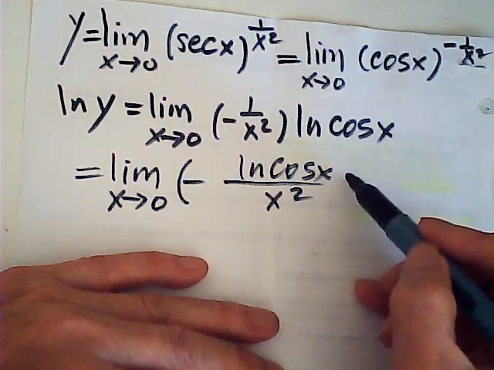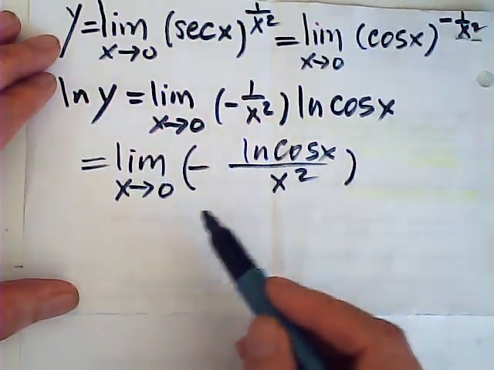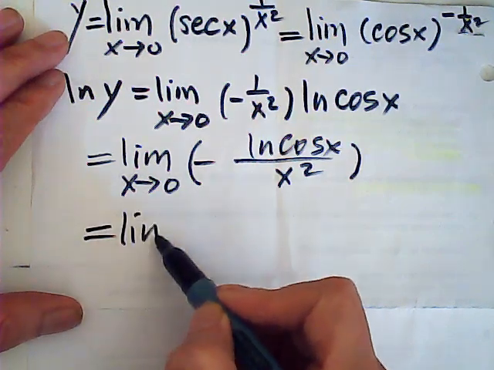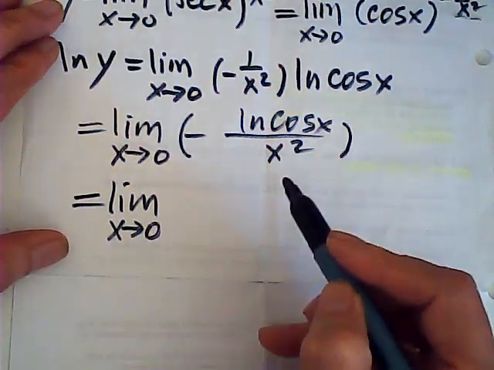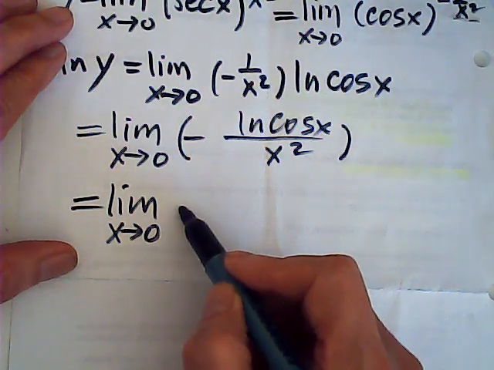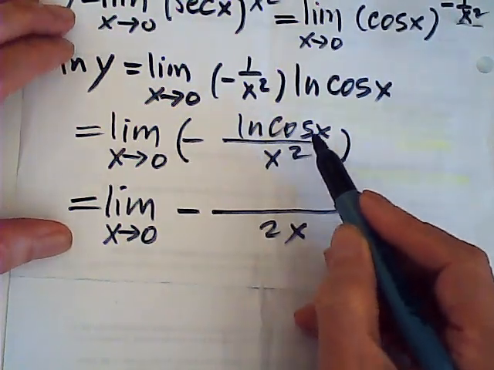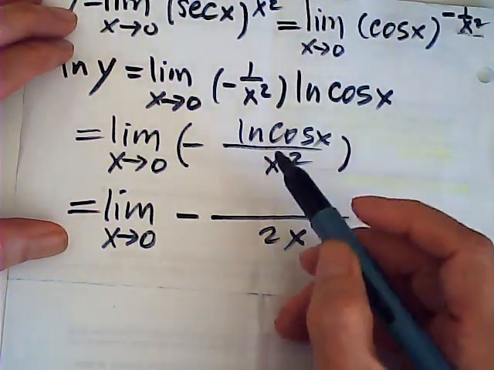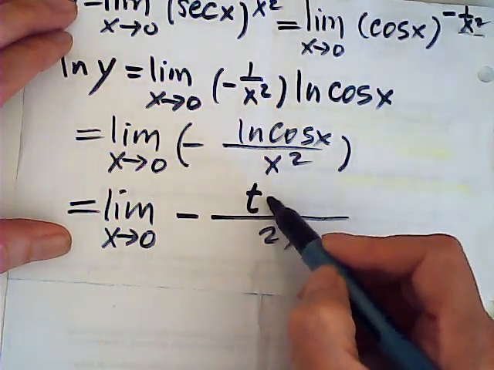Well, both go to 0. Therefore, L'Hopital's rule can be applied. This is the limit x goes to 0, negative, this is 2x. The derivative of log cosine is what? It's a tangent, right?